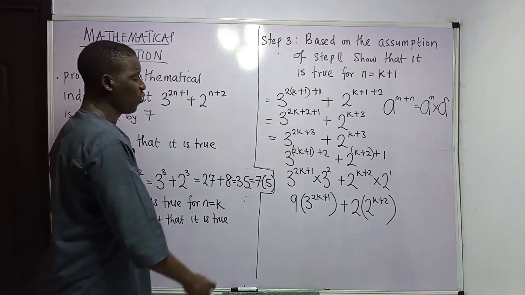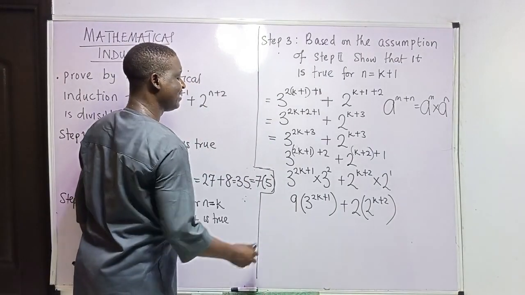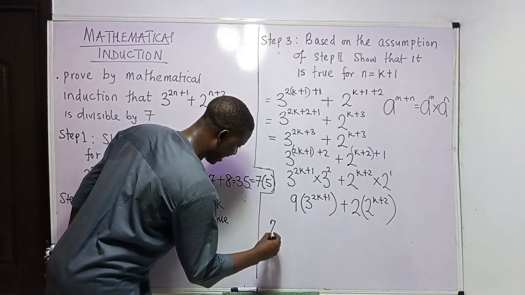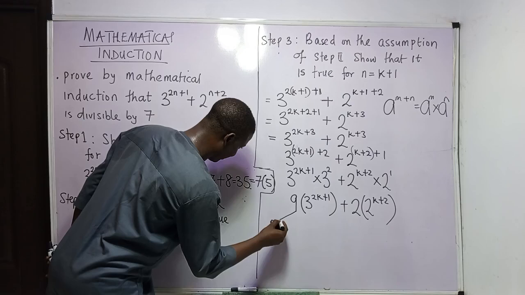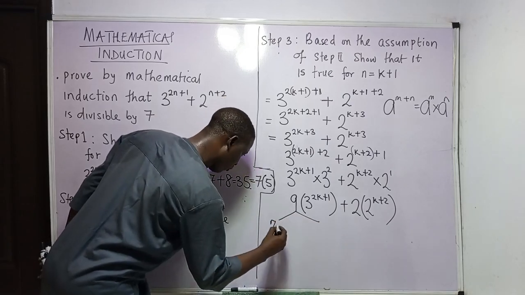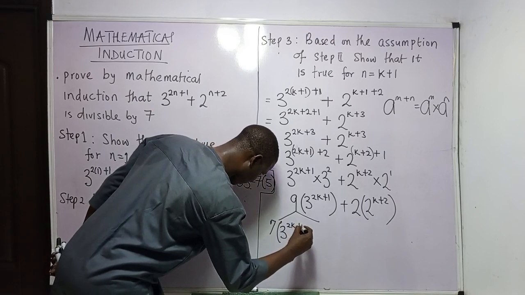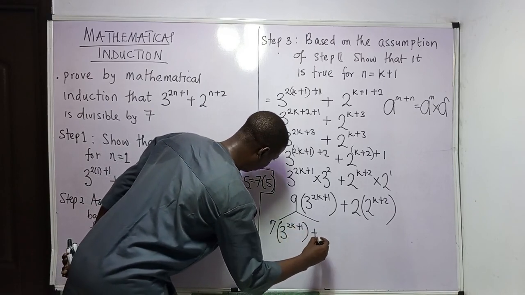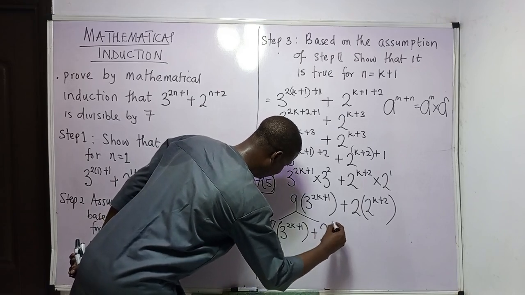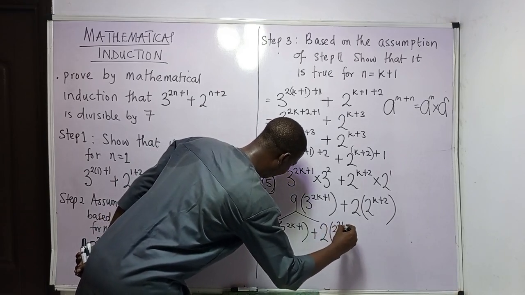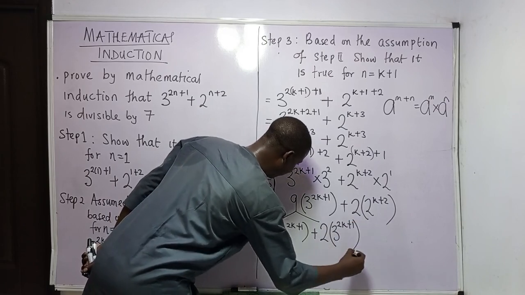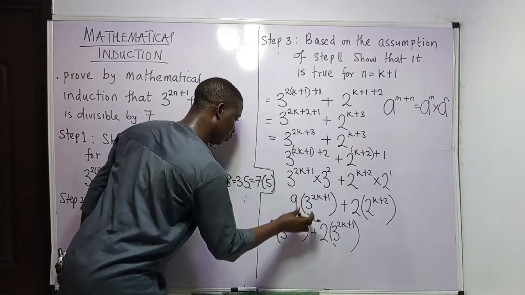Now, in this case, don't forget, I can write this 9 as 7 plus 2. I can break this one down into 2. So 7 into bracket 3 to the power 2k plus 1, plus 2 into bracket 3 to the power 2k plus 1. Don't forget that if you add these two together, you have 9.